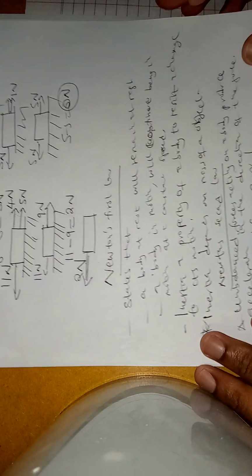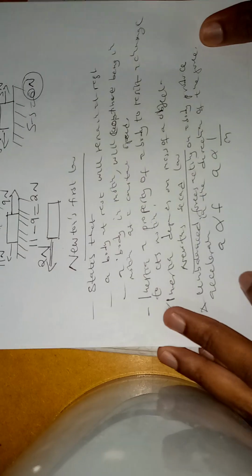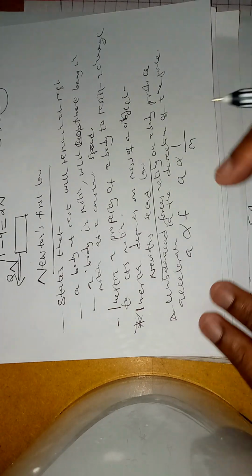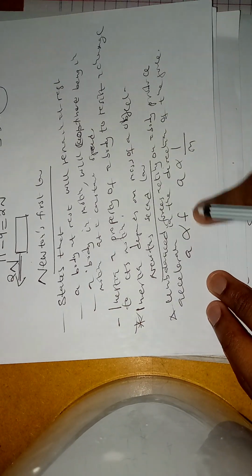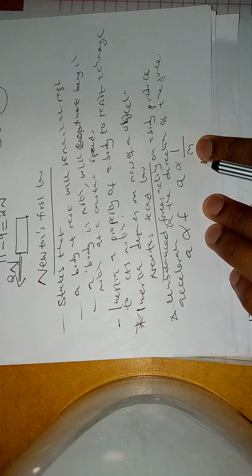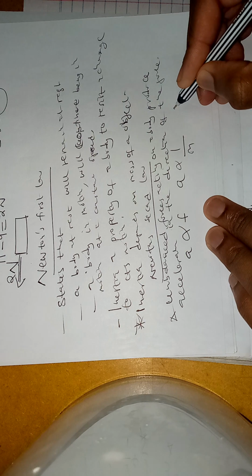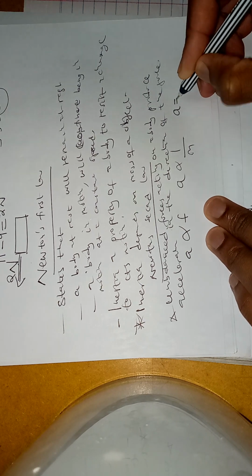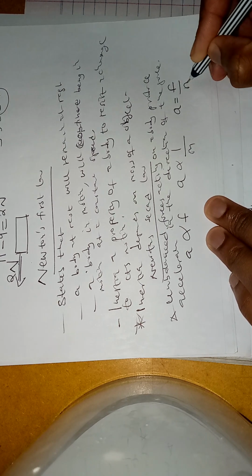Unbalanced forces acting on a body produce acceleration in the direction of the force, meaning acceleration is directly proportional to the force and inversely proportional to the mass, which brings us to a mathematical relation: acceleration is equal to force over mass.